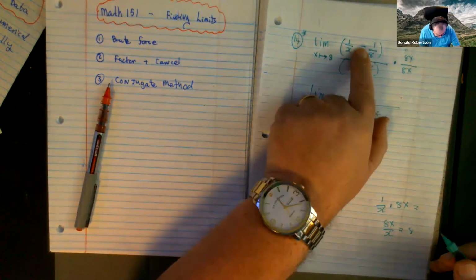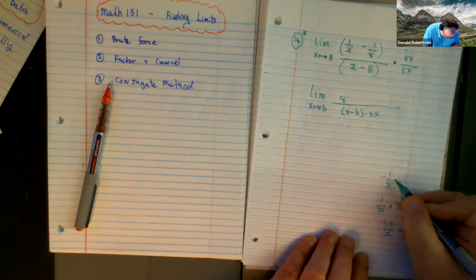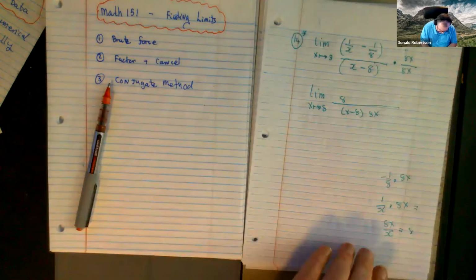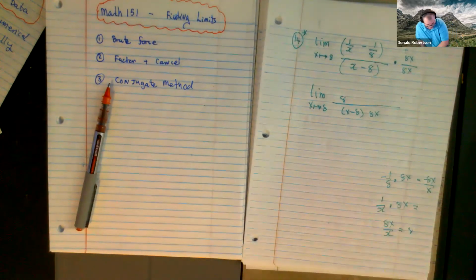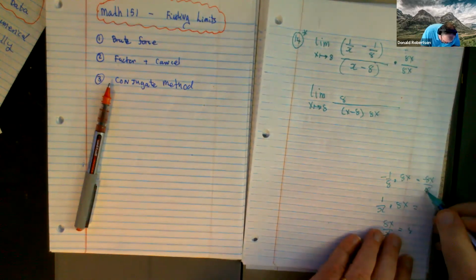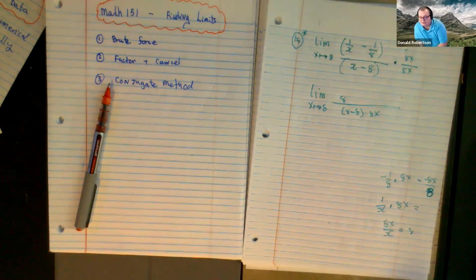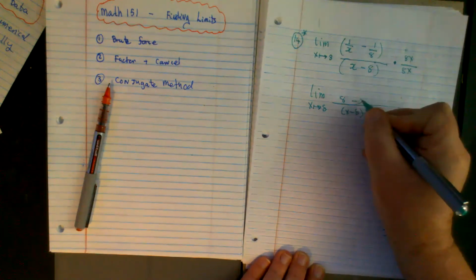Now, if you want to do negative 1 over 8 times 8x, that's us doing that times that. Let's put the right one in the bottom. What does negative 8x over x simplify down to? Negative x. Agreed?